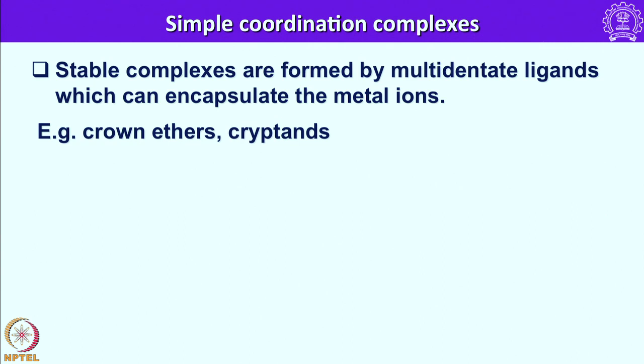In order to stabilize a cation coming from alkali metals, one has to use a multidentate ligand which can encapsulate the metal ion. So, in this context we have two types of ligands. They are very important in stabilizing alkali metal cations. They are called crown ethers and cryptands.